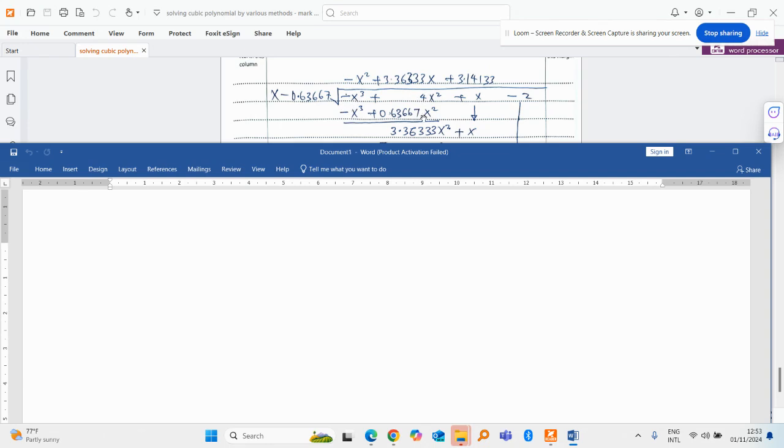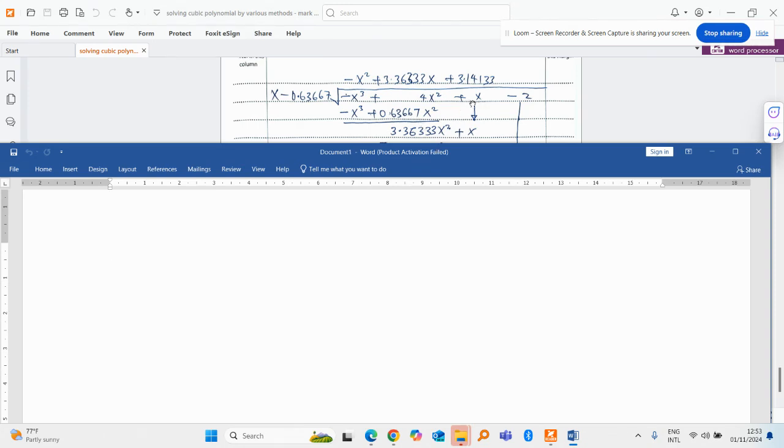When we subtract at this point, we say 4 subtract this value, we get 3.36333. That is up to 5 decimal places. Remember class, it is up to 5 decimal places, so we need a more accurate answer and we do the due diligence.